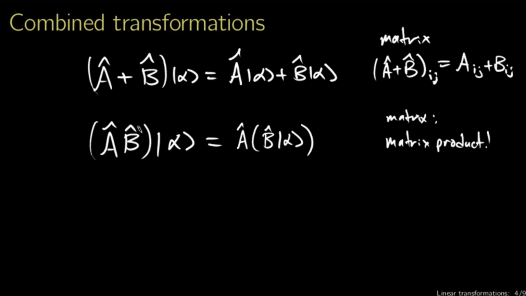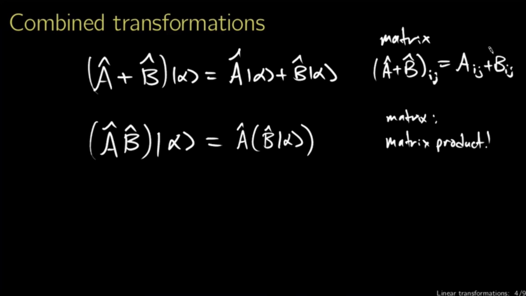You can work out all of the sums necessary to figure out what this sort of expression actually looks like in terms of components, and what you get is the summation expression for the matrix product. So we can compose transformations applying one after the other by multiplying their matrices together, and we can apply a sum of two transformations by simply adding the elements of their matrices.